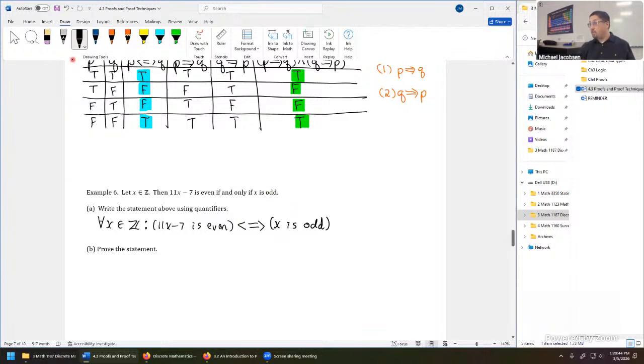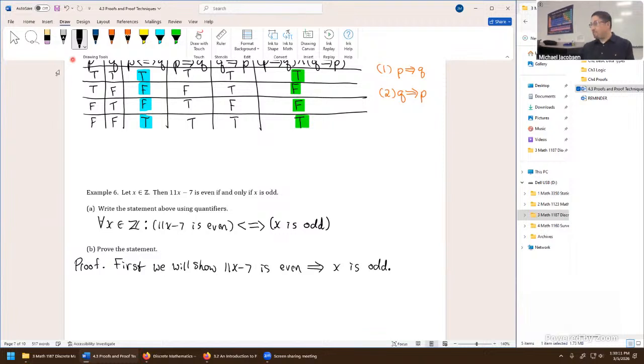Here's how the proof is going to go. First, we will show 11x minus 7 is even implies x is odd.